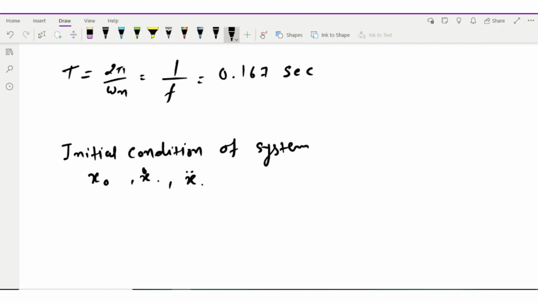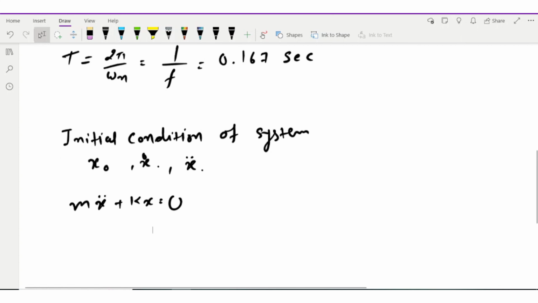First we have to write the equation of motion. So for the given mathematical model, the equation of motion will be m x double dot plus k x equal to 0, because there is no damping, so it's a simple one.